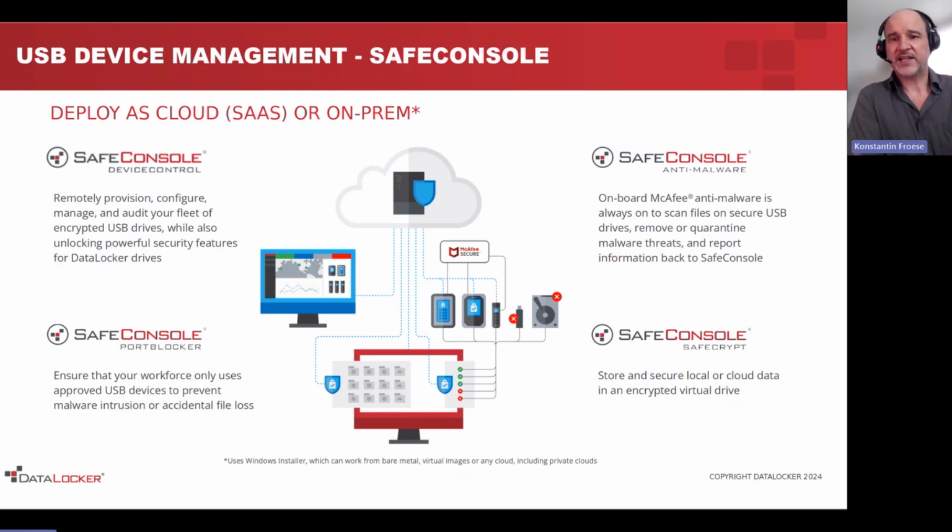And on the bottom right, we see SafeCrypt, which is a totally different approach. With SafeCrypt, we define a folder on a local drive or on a USB drive or on a network share, and all data that is copied into that folder will be encrypted with 256-bit AES.